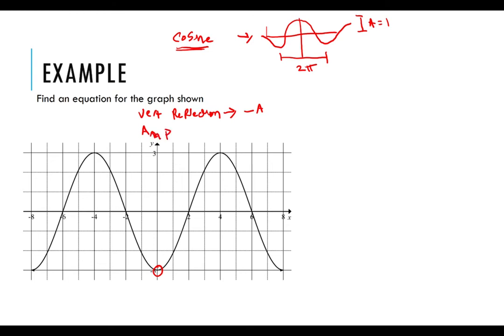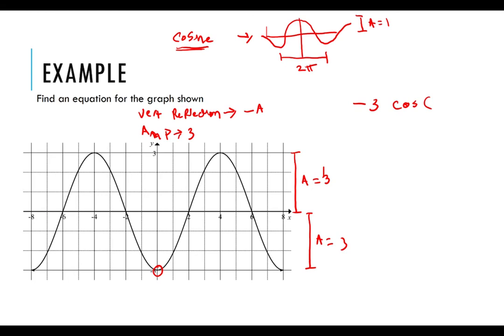Specifically, my amplitude here is the distance between the peak and the midline, or the trough and the midline. Max minus min divided by 2. But notice that for both of these, I get that the amplitude is 3. And so I know now that my amplitude is 3. So I know that I'm going to have a negative 3 as the coefficient of cosine. Alright? We're heading in the right direction. Negative 3 cosine of some stuff.